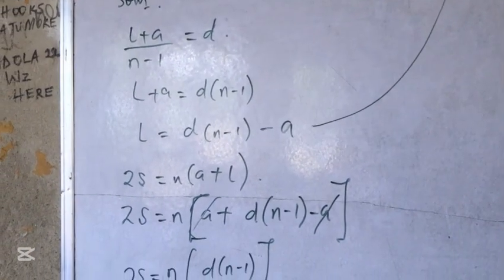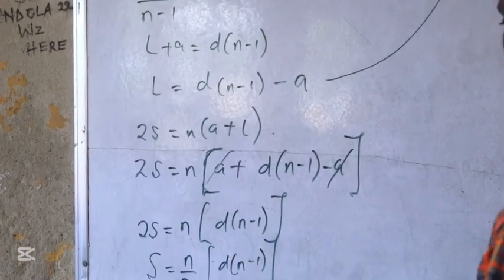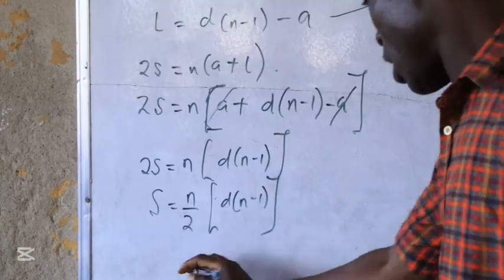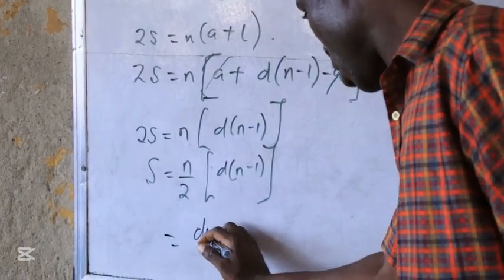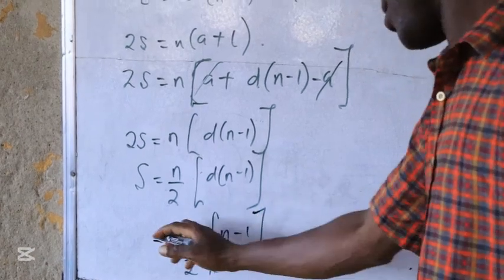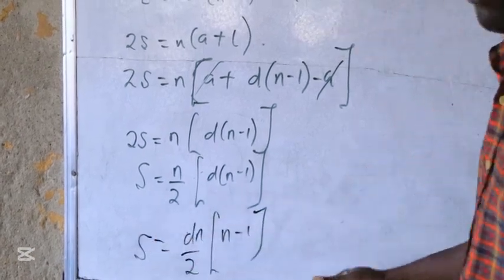Or you can even write S equals dn over 2 into (n - 1). Still okay. They are the same.